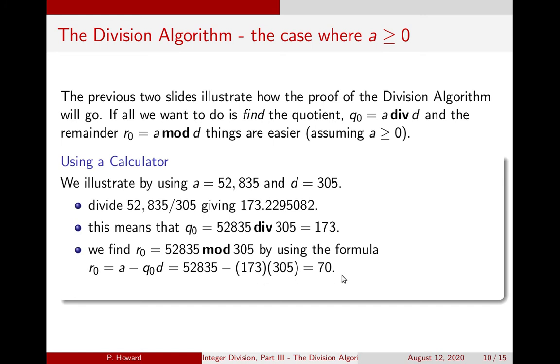So doing this calculation gives us the remainder, which is 70. So writing the result of this calculation in equation form, 52,835 is the quotient 173 times 305 plus the remainder.